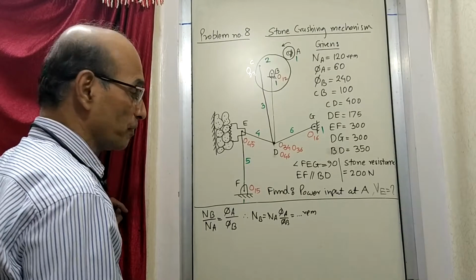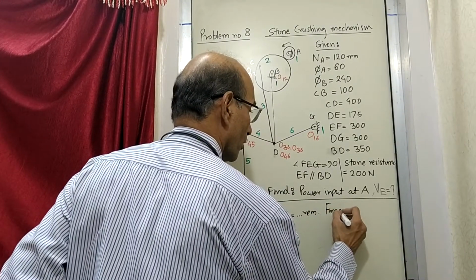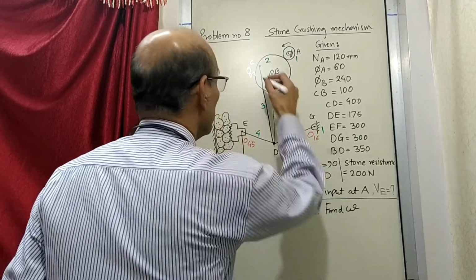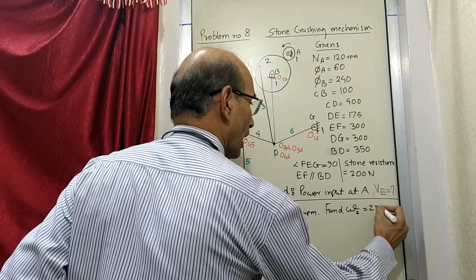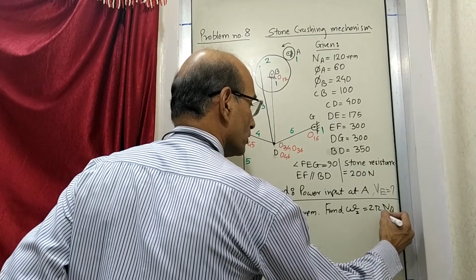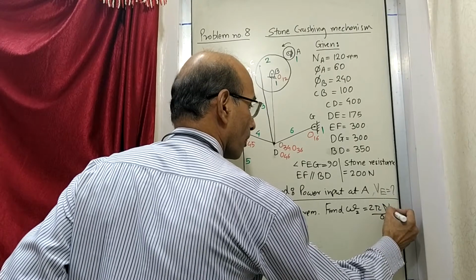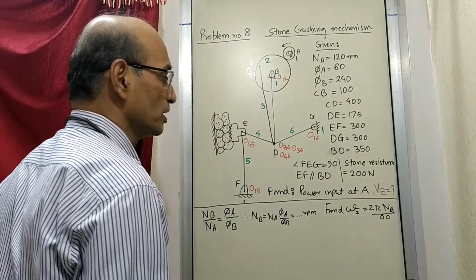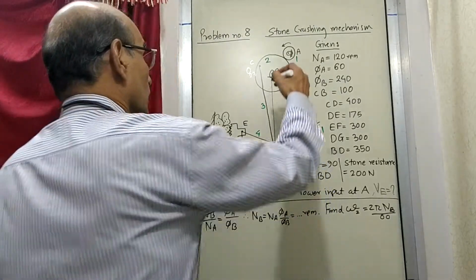Once you know speed of B in RPM, then you can find omega of link number 2, which is equal to 2 pi speed of B upon 60. 2 pi n by 60, that is omega 2. So we find out omega 2 by this.